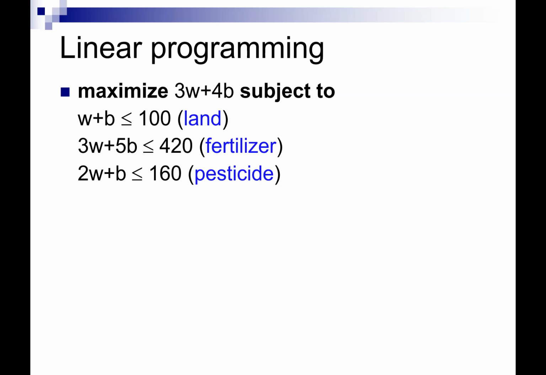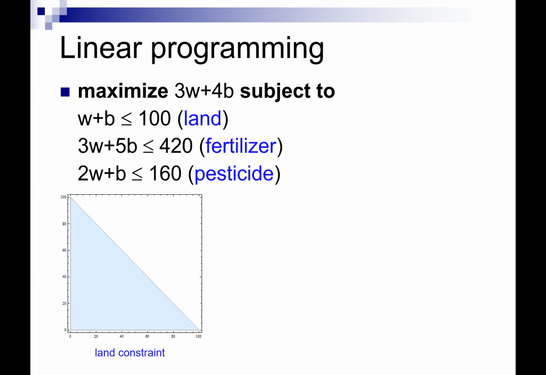Likewise, for each acre of wheat, he needs to use 2 kilograms of pesticide and 1 kilogram for each acre of barley. And so 2W plus B needs to add up to no more than the total amount of pesticide that he has. So we have these inequalities which constrain what the farmer can do.